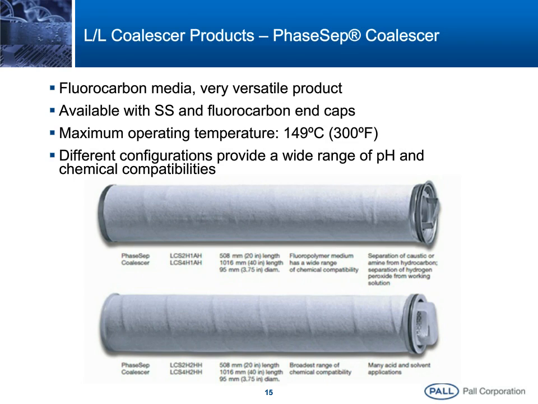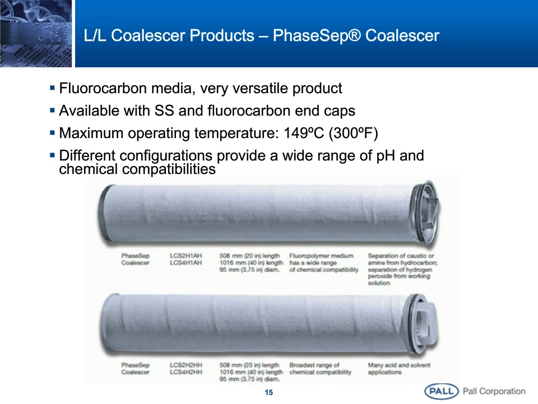This phase Sept coalescer can withstand temperatures up to 300 degrees Fahrenheit, which is quite a bit, and it can also withstand a wide range of pH and chemical compatibilities. Its dimensions are 3 3/4 inch ID and 40 inches long.